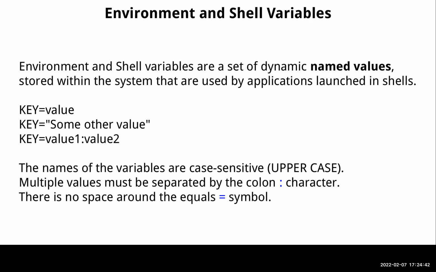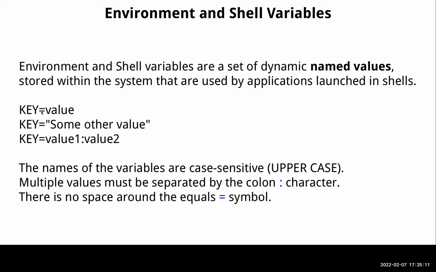An environment variable has a name and also has associated values. The names of the variables are case sensitive. Usually we use uppercase for environment variables. It's not actually required, but we usually do that. The name and the value are separated by an equal sign, or assignment sign.